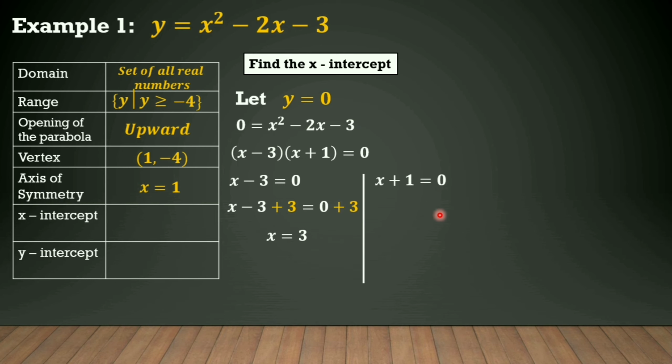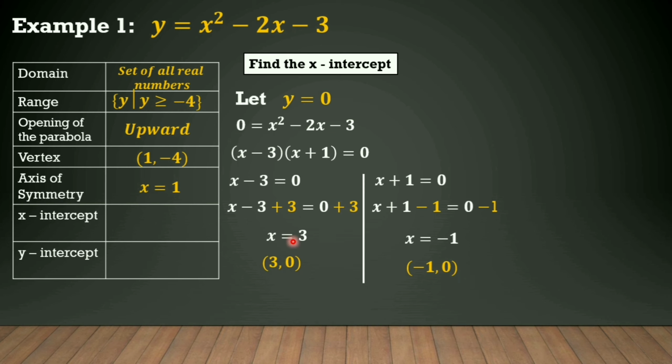Next, dito din sa kabila, ganun din ang gagawin natin. Mag-a-add lang tayo ng negative 1 both sides of the equation para maging x na lang dito sa left side. So, 1 minus 1 is 0. So, x na lang natira. So, we have negative 1. Therefore, the x-intercepts are 3 and 0, and negative 1 and 0. So, bakit 3 and 0?